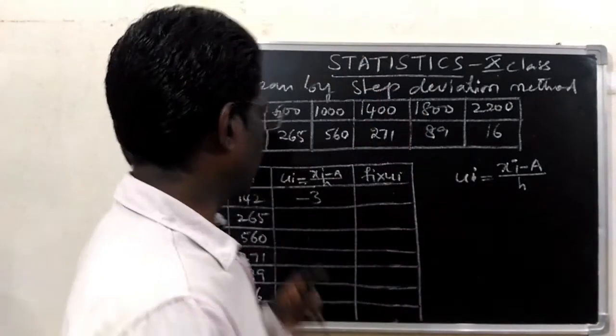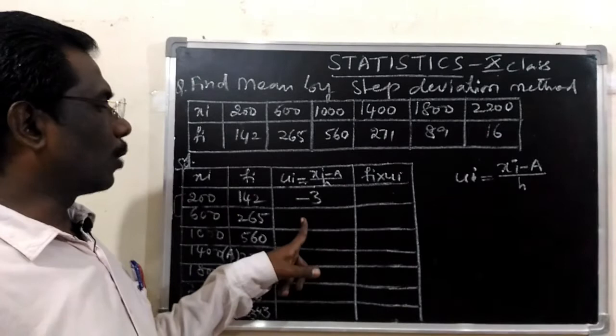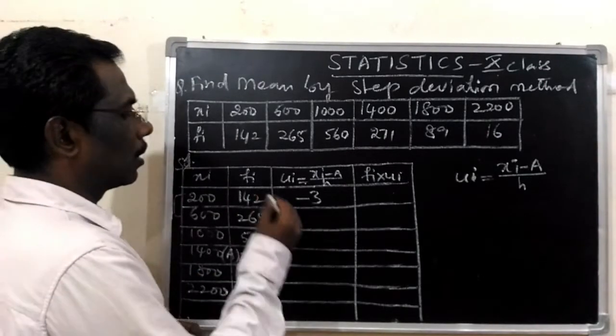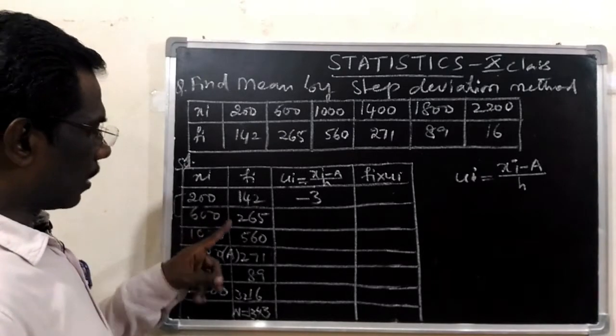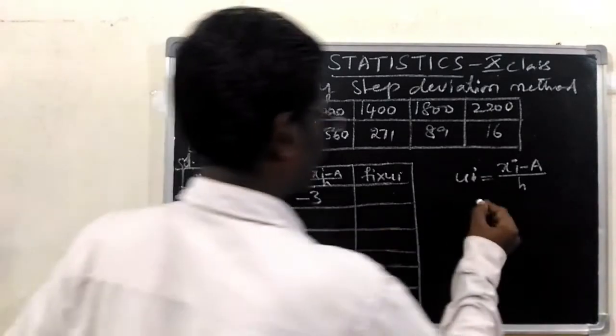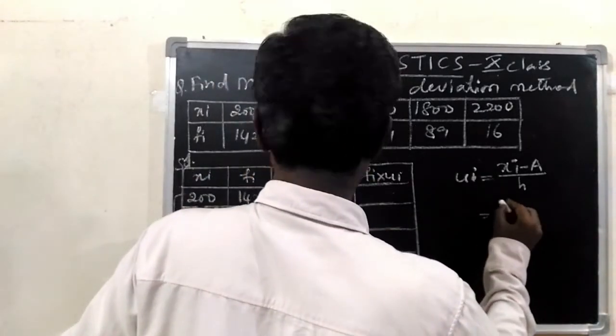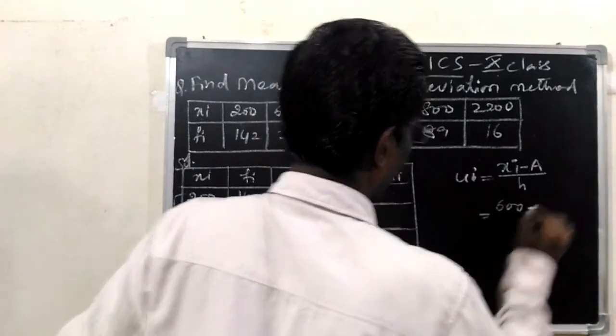Now I am going to find the second ui value. In the second ui, the xi is 600. Xi is 600 minus a.